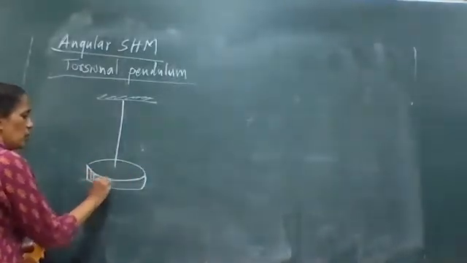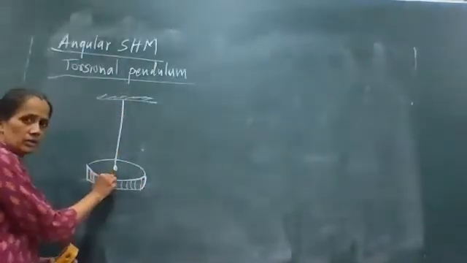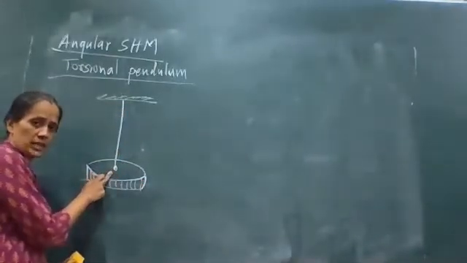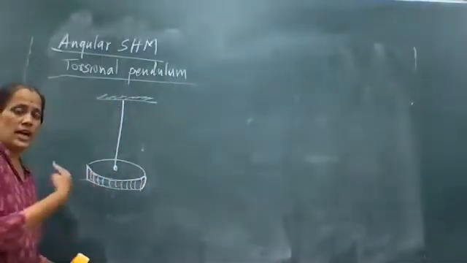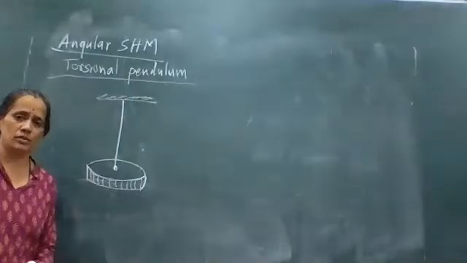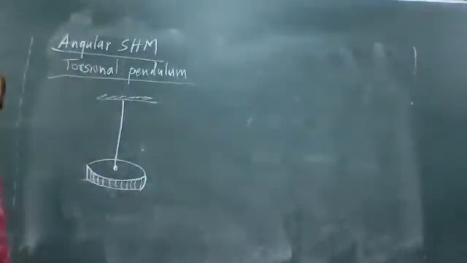This pendulum will rotate about an axis passing through the center of the disc and perpendicular to the plane of the disc. And it will start performing rotational motion. So that type of pendulum is called a torsional pendulum.